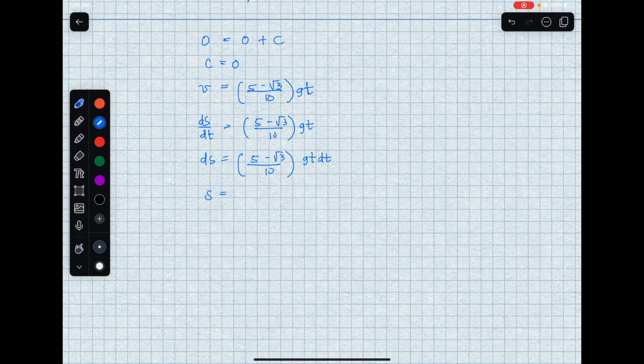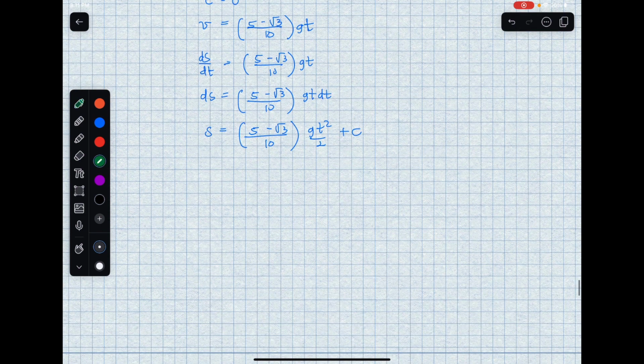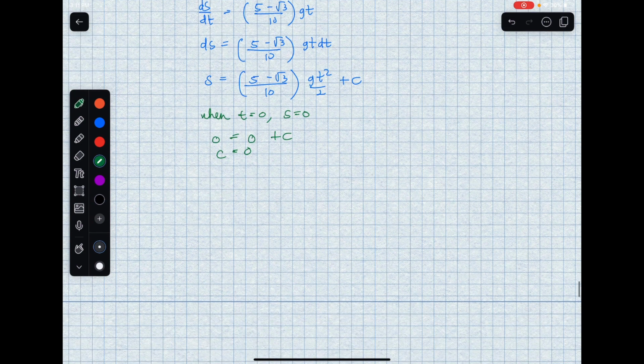So s will be 5 minus square root of 3 over 10 times gt squared over 2 plus c. Again, when time is 0, s is 0, so c is 0 as well. So our s would just be this one.